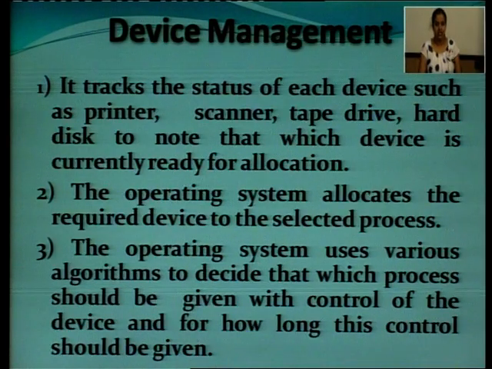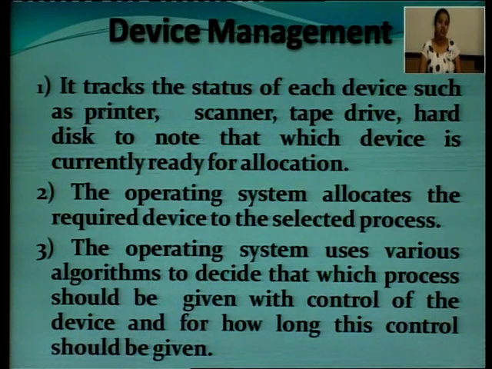The operating system allocates the required device to the selected process. It is the duty of the operating system to allocate the device to the process which has requested it. And the operating system uses various algorithms to decide which process should be given control of the device and for how long this control should be given.